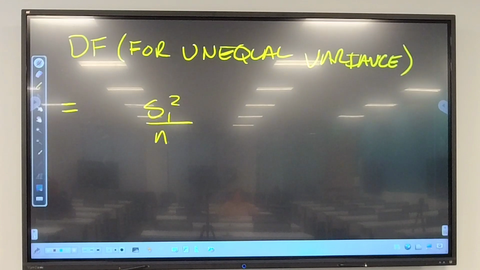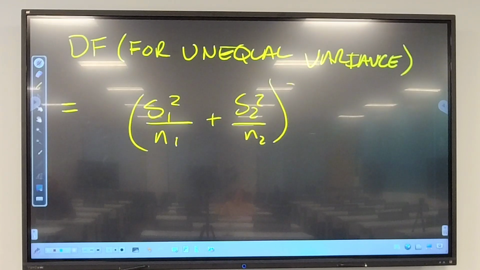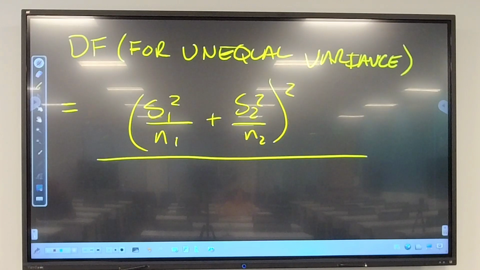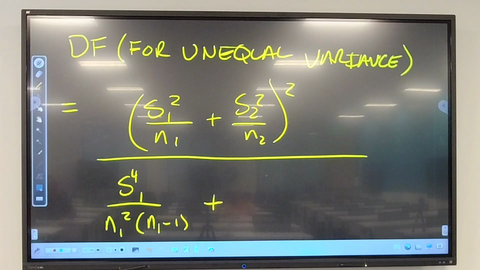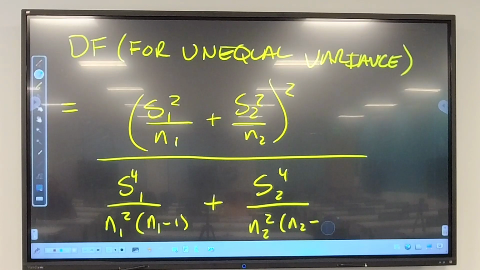S1 squared over N1 plus S2 squared over N2. You take this whole thing and you square it, and then it's divided by S1 to the fourth over N1 squared times N1 minus 1 plus S2 to the fourth over N2 squared times N2 minus 1. Now this is an unpleasant computation. Much, much more sophisticated.